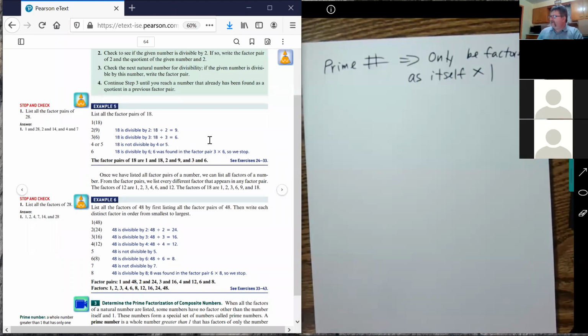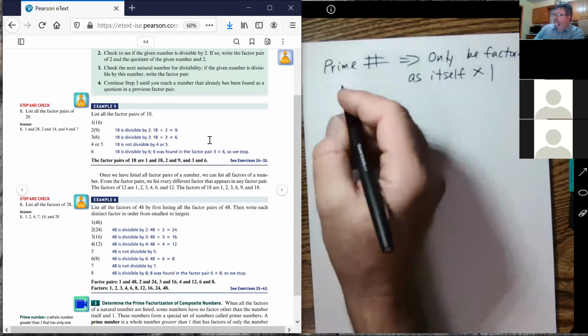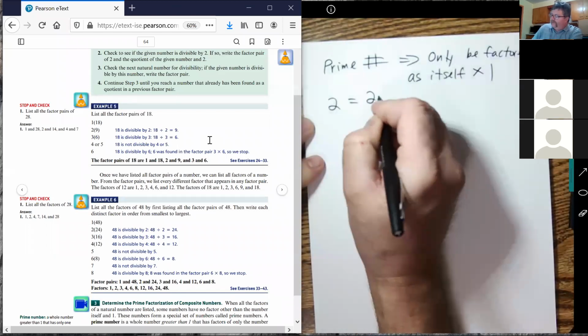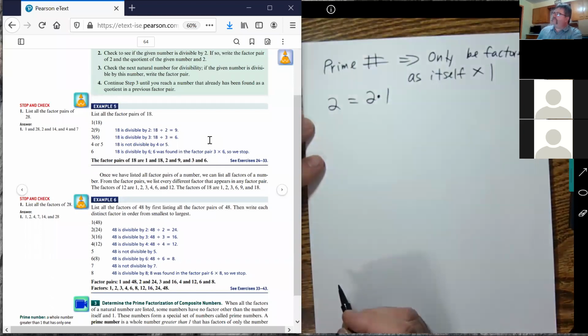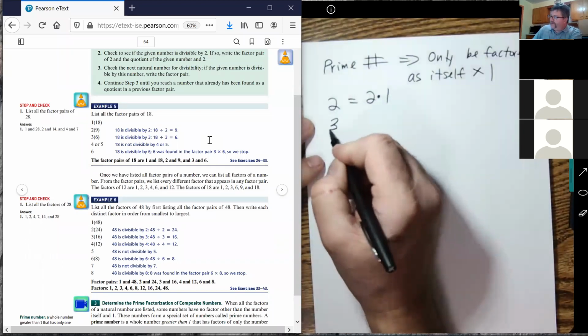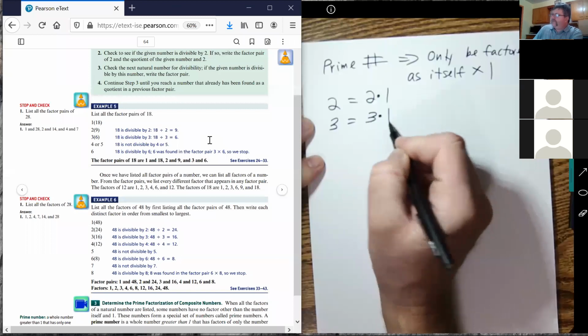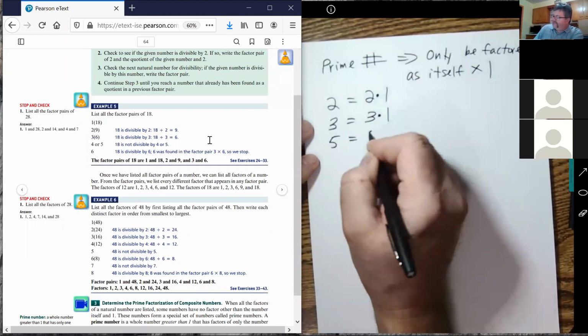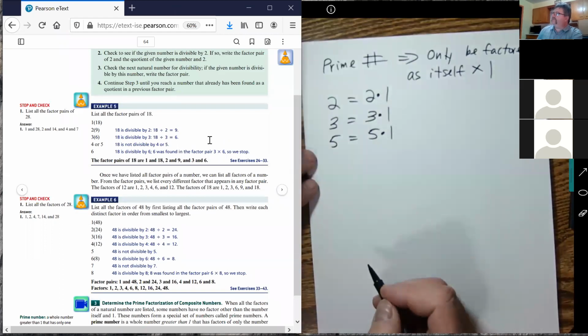So in other words, even the number 2. If I ask you to factor a 2, the only thing you can do is 2 times 1. If I ask you to factor a 3, 3 times 1. If I ask you to factor a 5, 5 times 1.